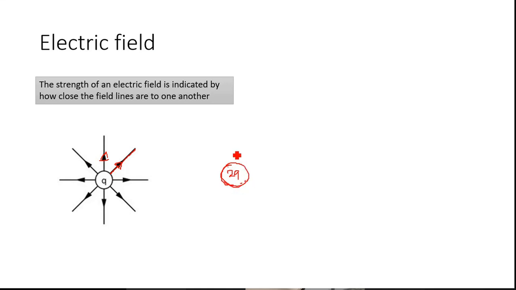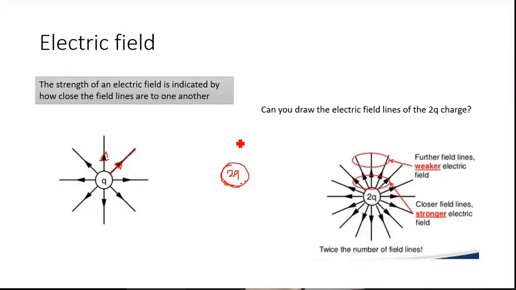How about the arrows? It will also be 2 times the number of arrows, because more charge means more electric field, represented by more arrows.